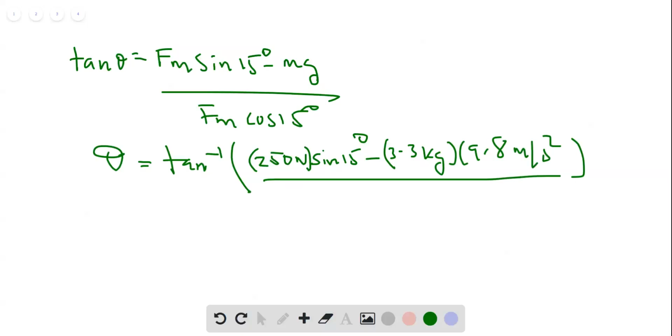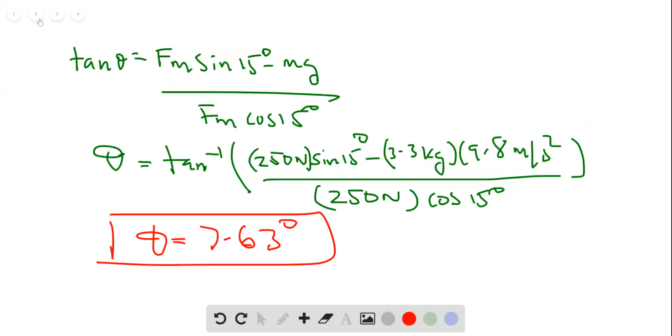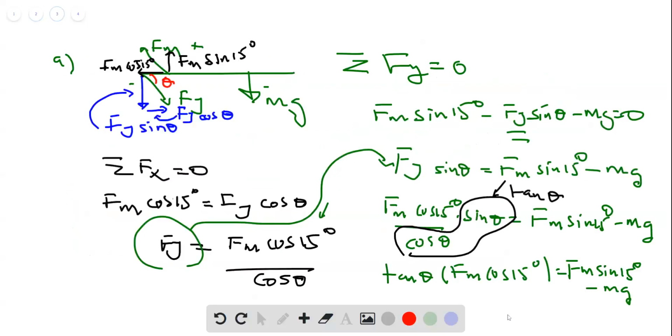All of that has to be divided by 250 newtons times cosine of 15 degrees. And then we have theta being equivalent to 7.63 degrees.